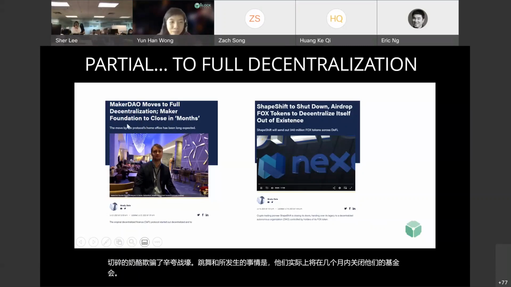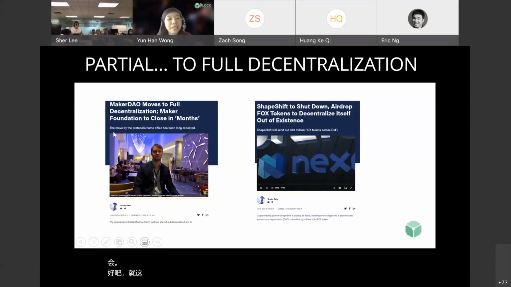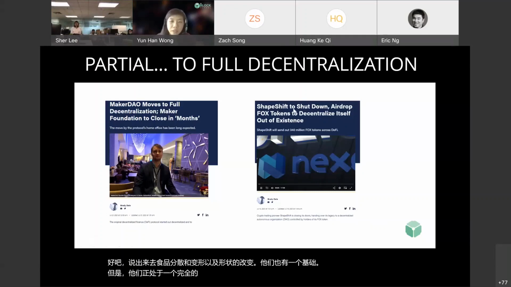So MakerDAO is going to go fully decentralized. And Shapeshift as well. Shapeshift also has a foundation, but they are in the process of being fully decentralized. In the future, there won't even be a company that holds Shapeshift. So this is the end result of DAOs.